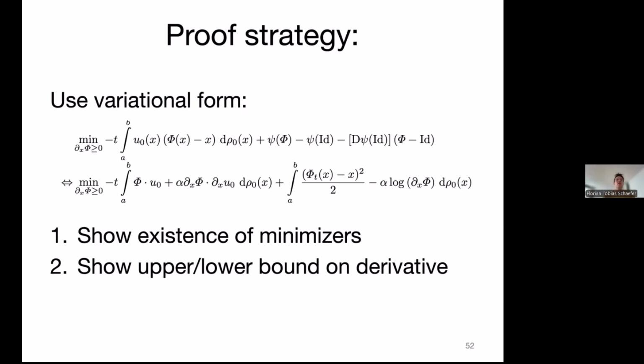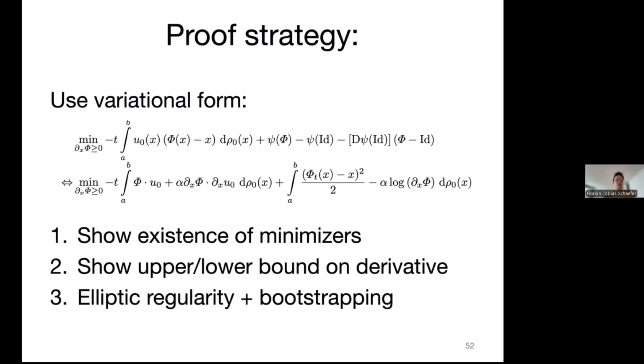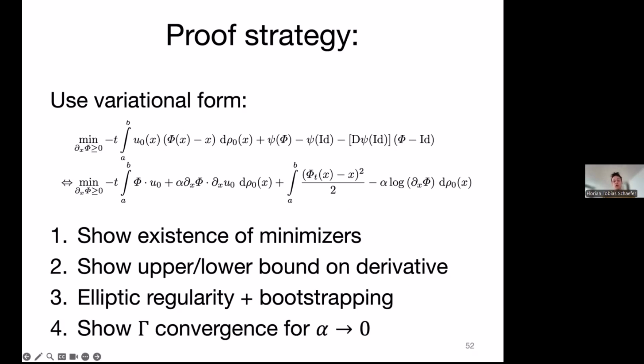Then we use pseudo variations to upper and lower bound the derivatives, and then we do standard elliptic regularity plus bootstrapping in order to bootstrap our way to higher order regularity. And finally, for alpha going to zero, we characterize the limit through gamma convergence of this functional.